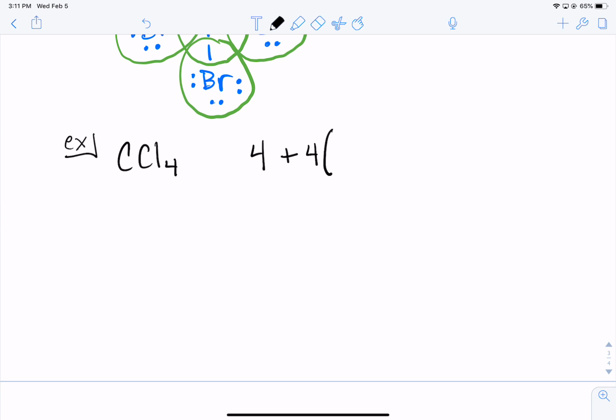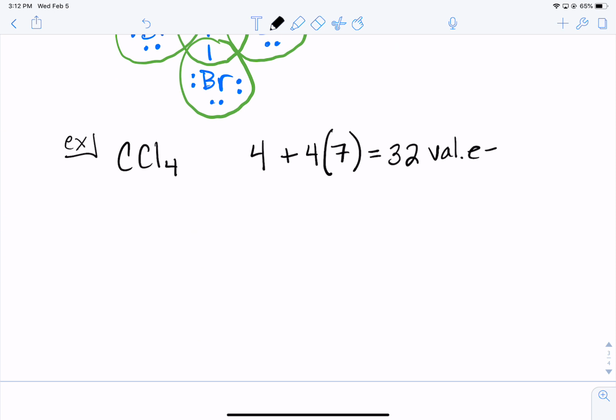How many valence electrons are in chlorine? 7. Why? Because I've got 1, 2, 3, 4, 5, 6, 7 in my outermost shell. So my total valence electrons is 4 times 7, which is 28, plus another 4. So I've got 32 valence electrons that I'm working with.